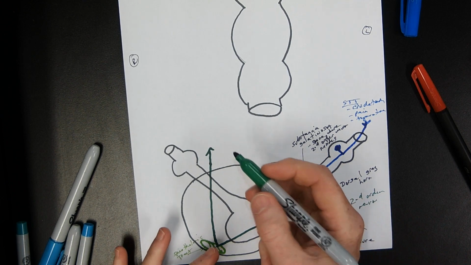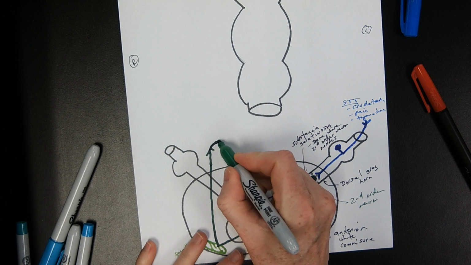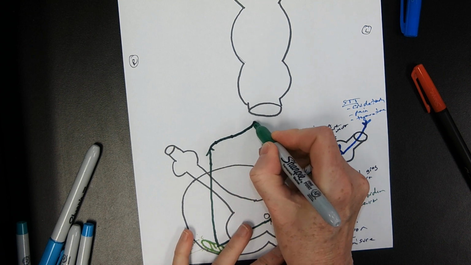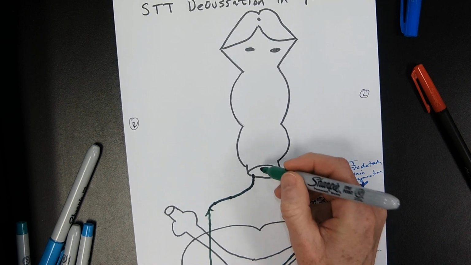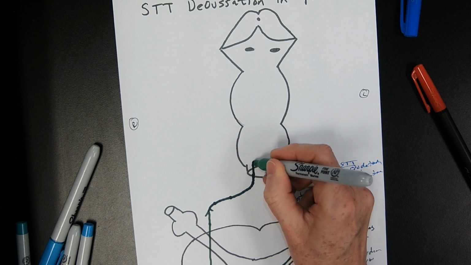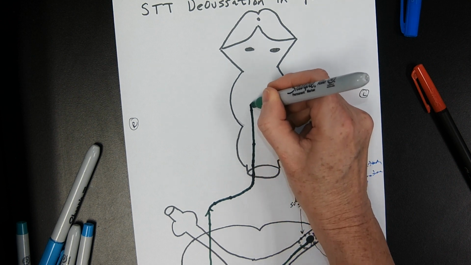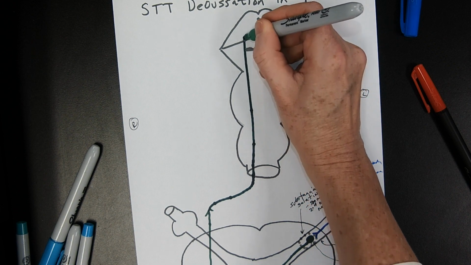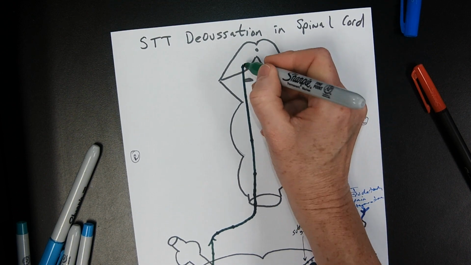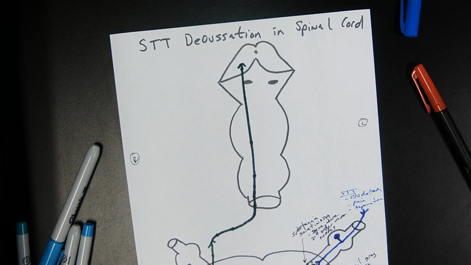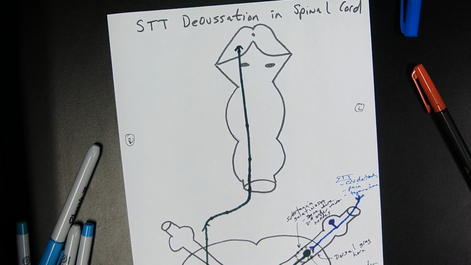It's going to go through the medulla, through the pons, and through the midbrain. Just travel straight on up. Nothing else happens. Decussation happens at the level of the spinal cord.